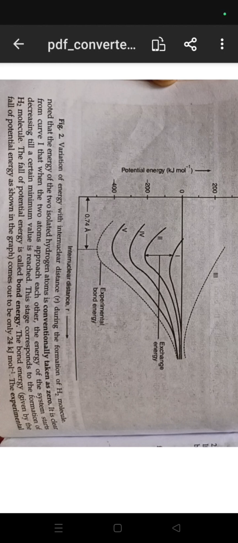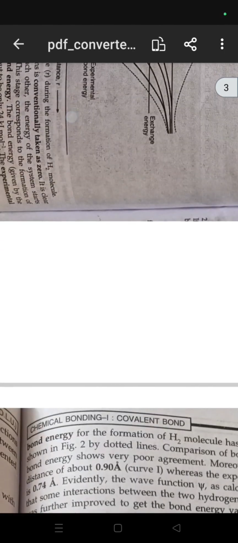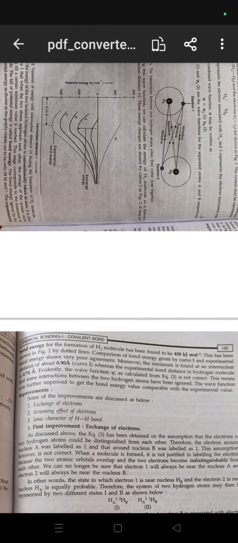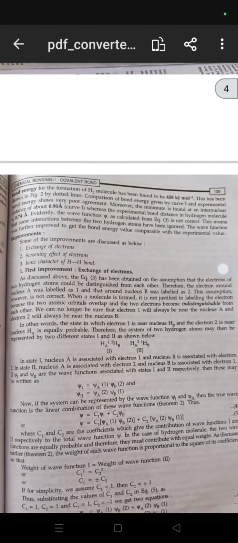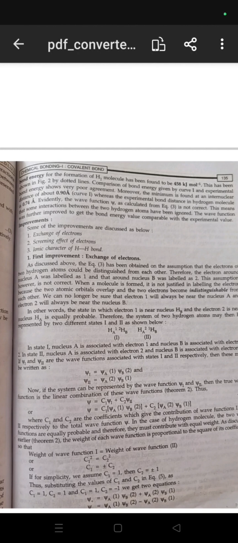The energy given by the fall of the potential energy comes out to only 24 kilojoule per mole. The experimental bond energy for the formation of H2 has been found to be 458 kilojoule per mole. This has been shown by the dotted lines.